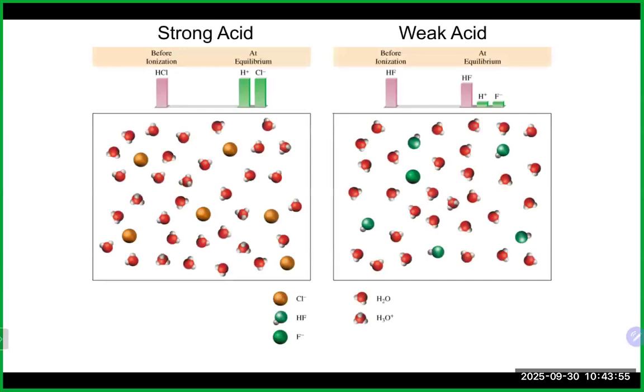So let's say, for example, we want to know the pH of 0.6 molar nitric acid.